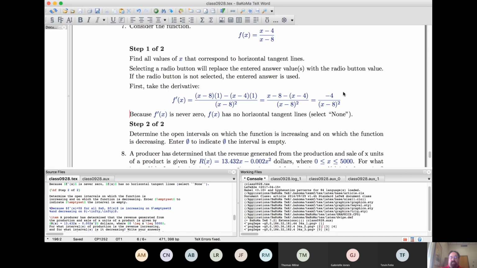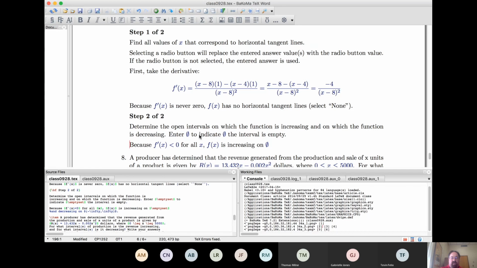So either it's going to be undefined at x equals 8, otherwise, it's going to be negative everywhere else. So the function is decreasing on the entire real number line, so it's increasing nowhere. So you put in the empty set in that case.